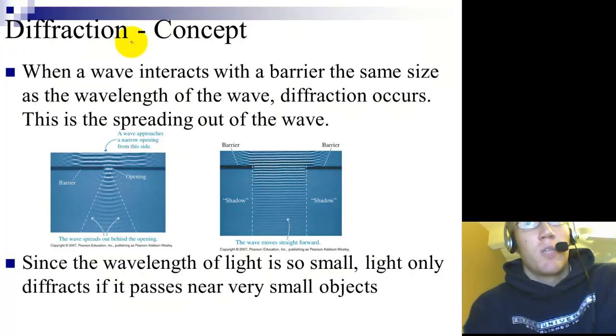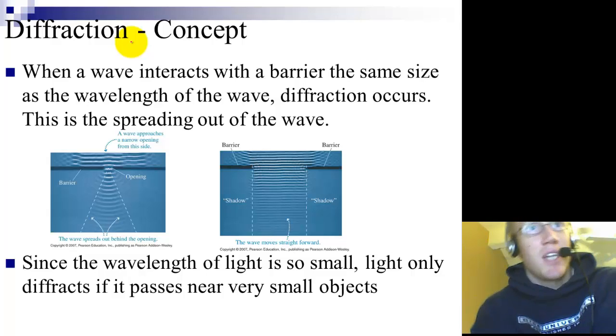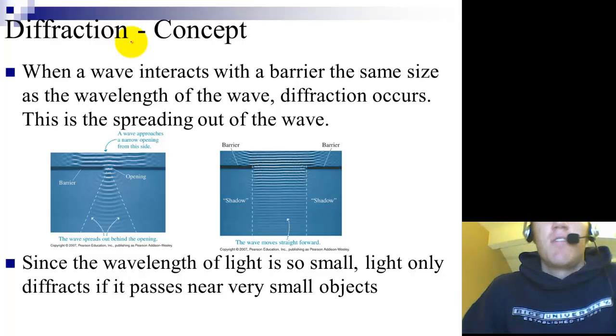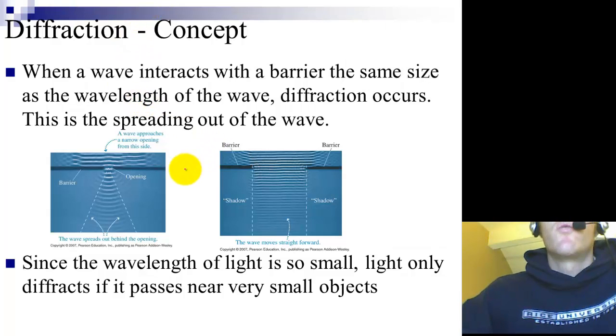When a wave interacts with a barrier that's roughly the same size as the wavelength of the wave, diffraction will occur. So this only occurs when the wave is passing through a hole that's comparable in size to its own wavelength. If it's an ocean wave, for example, the wavelength might be a meter or a couple of meters, then you'll only see it spread out like this when it passes through a hole that's roughly that size.